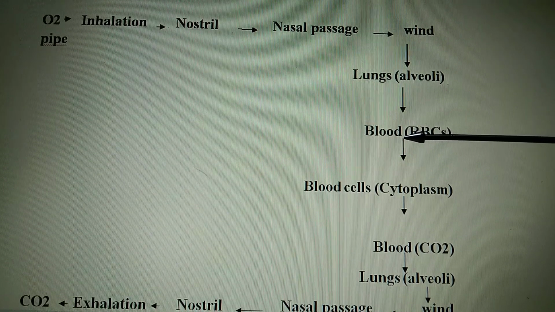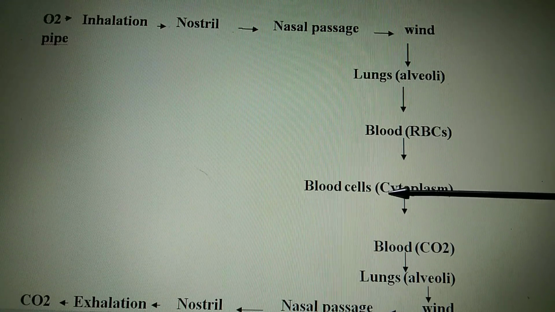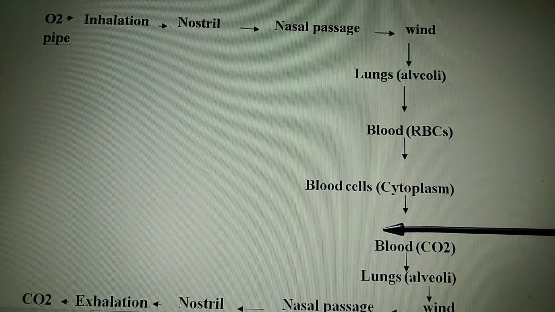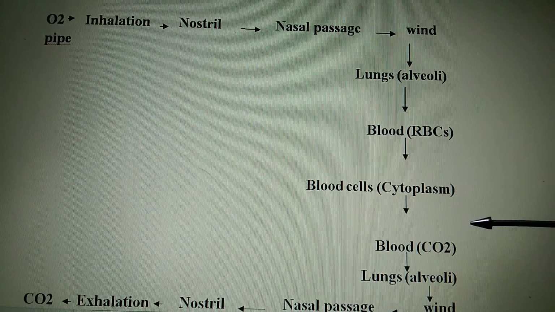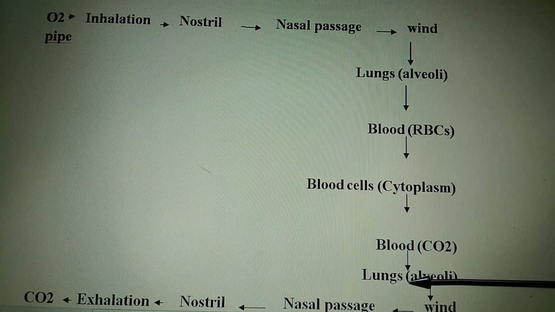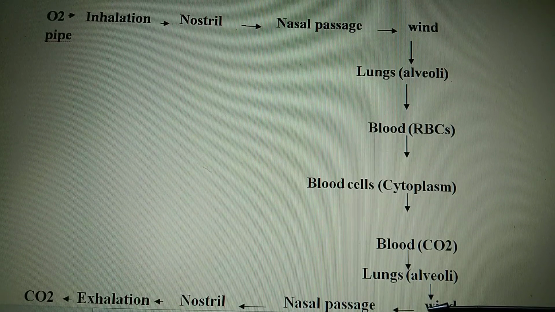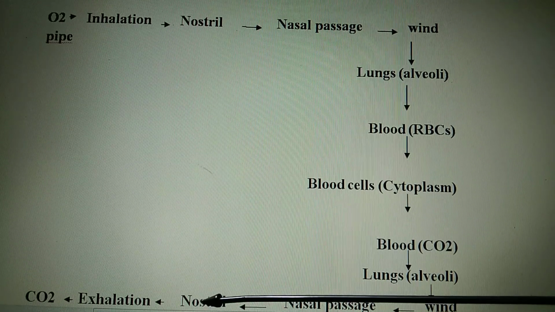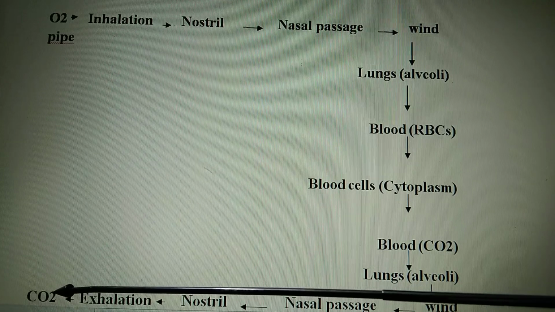and enters into the blood. After that, the blood enters into the heart, where the oxygenation process occurs, and deoxygenated blood containing carbon dioxide is returned out through the alveoli sacs of the lungs to the windpipe, that is the trachea, then the nasal passage, then the nostril, and carbon dioxide is exhaled out into the atmosphere.